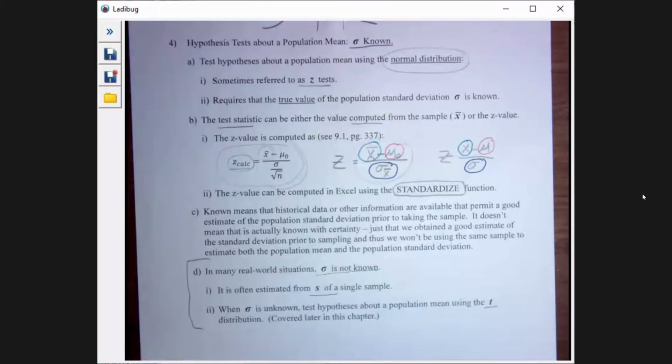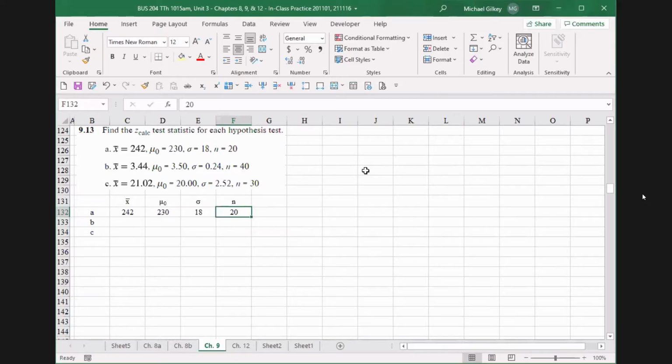There's no function to do the work for hypothesis testing. We have to do the work, which means we have to compute standard error. Put that in the front of your brain.